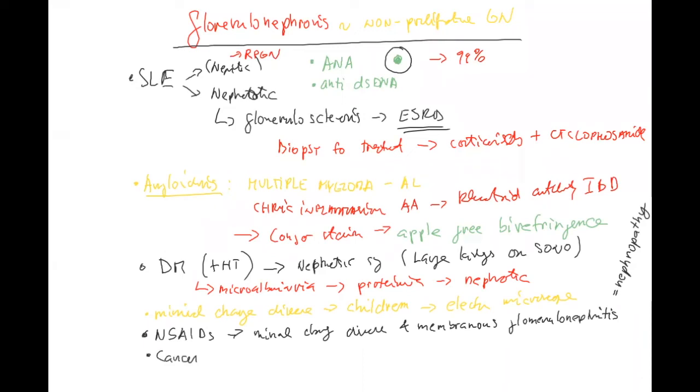If it's any kind of solid cancer, you can also see membranous glomerulonephritis. So although we don't know the mechanism exactly, some people with solid cancers can have nephrotic syndrome thanks to membranous glomerulonephritis, okay?